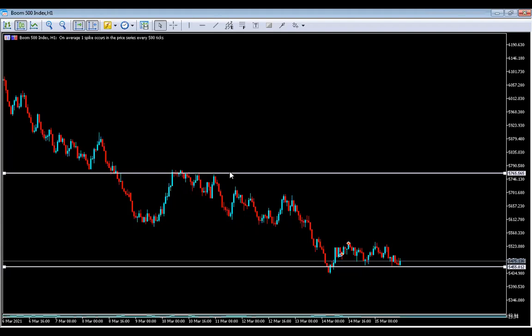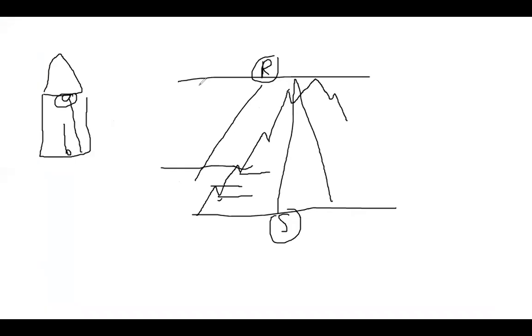No, if a zone is tested multiple times upon multiple times, there's every tendency that that zone can become weak. So you must make sure you don't rely so strongly on that zone. Let me take you right now to my whiteboard and explain further. I'll clear all this. Now, watch what I'm going to show you guys right now.